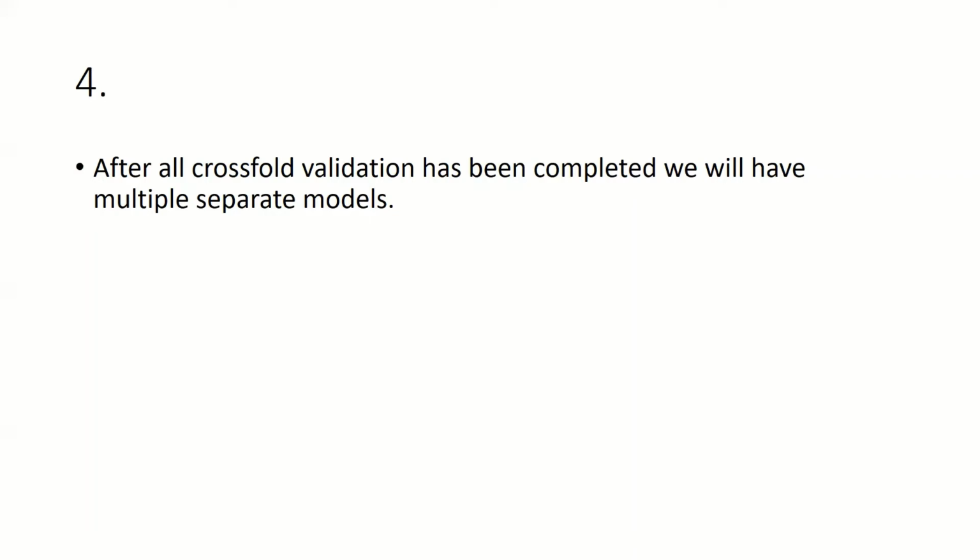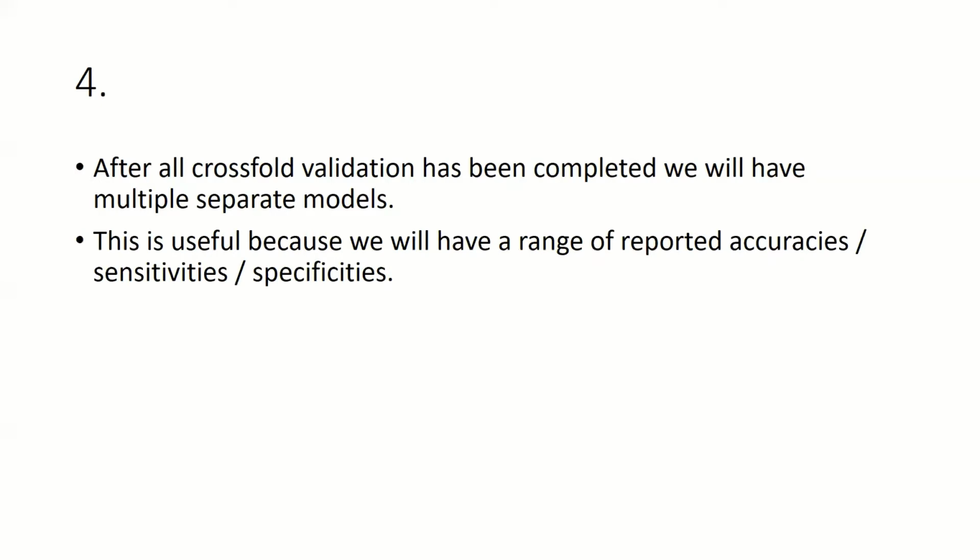If you have accuracy which is vastly different across the different folds, then your model isn't stable. Maybe not the model, but your data doesn't allow your model to become stable enough. But by looking at these, this is useful because we have a range of accuracies and we can just report exactly how stable our model is.